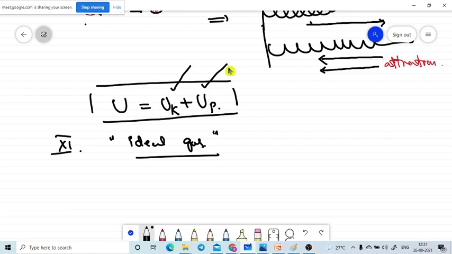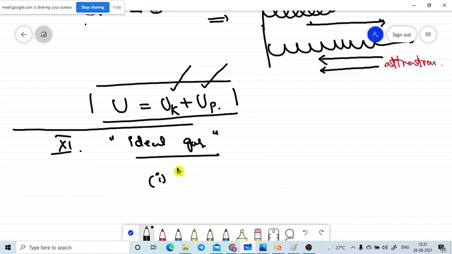But I am taking one constraint, that is the limit: we are dealing with the ideal gas system only. Then you need to tell me, what are the properties of the ideal gas?